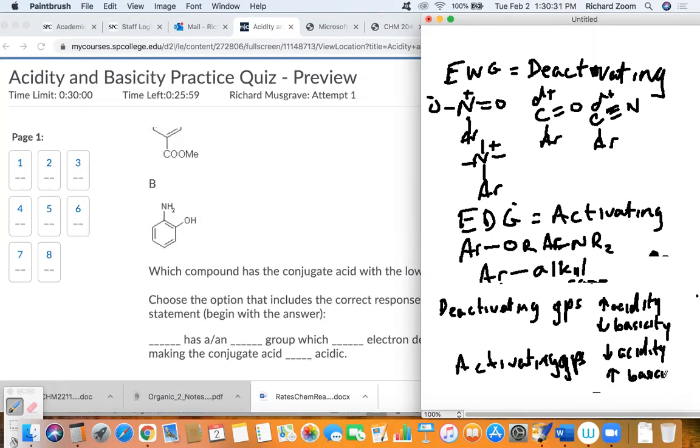Is that okay? But what about the stabilization? Do they stabilize the same thing? I don't understand the stabilization. Well, look, all I can tell you is that in the case of anions, deactivating groups will stabilize anions and increase the acidity that way, right? So I will actually add that in here. Increase acidity and stabilize anions.